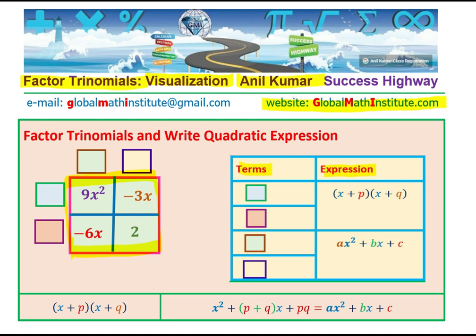Expression is in two different forms, one in factored form and the other in standard form. This time, the value of a is not equal to 1, but more than 1. And we also have negative values to work with. So here are five examples for you, which we'll explore.